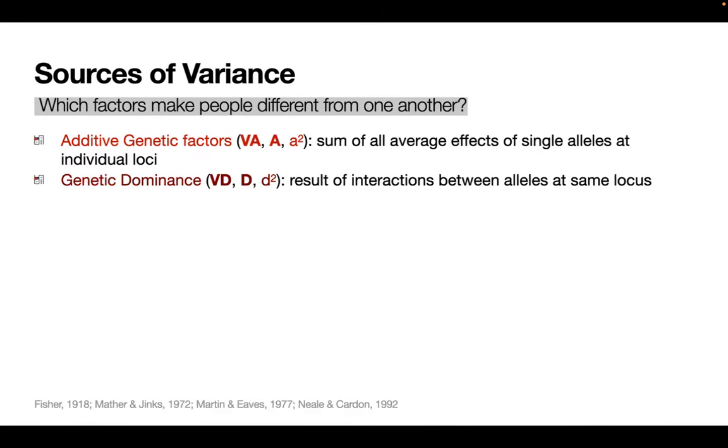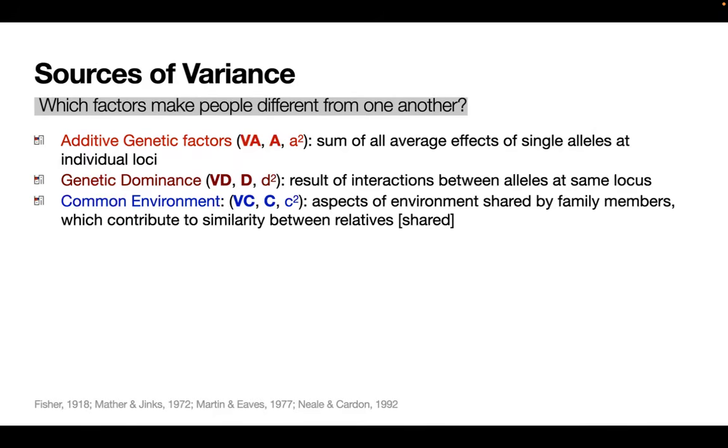They can be distinguished from genetic dominance, which results from interactions between alleles at the same locus. In the context of twin studies, this source of variance typically includes potential interactions between alleles at different loci, referred to as epistasis.